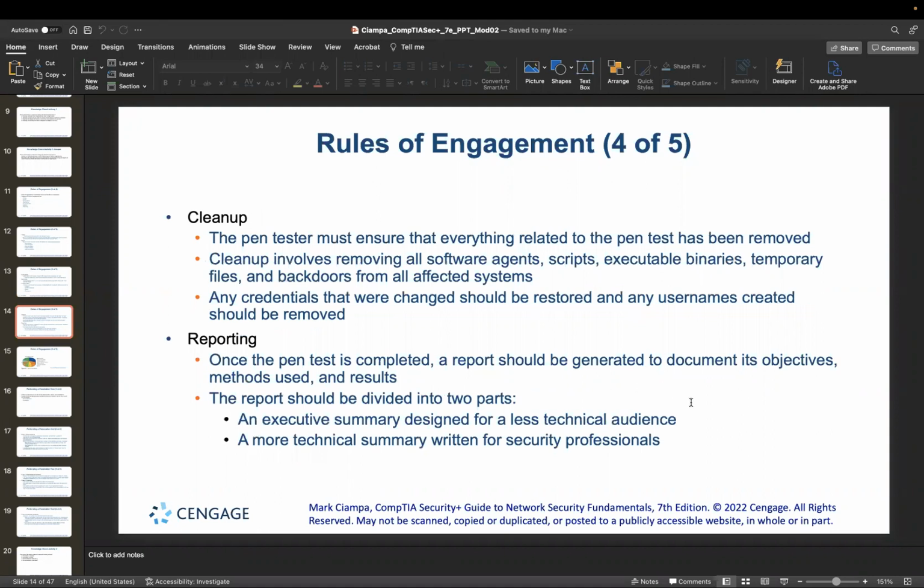Then comes cleanup. You have to define the rules of cleanup. It is clear that any pen tester must ensure that whatever tool they have used should be removed. Sometimes, especially for the bigger entities, they want to install an assessment device. Usually they grab a small laptop or one of these Intel boxes, small computer boxes.